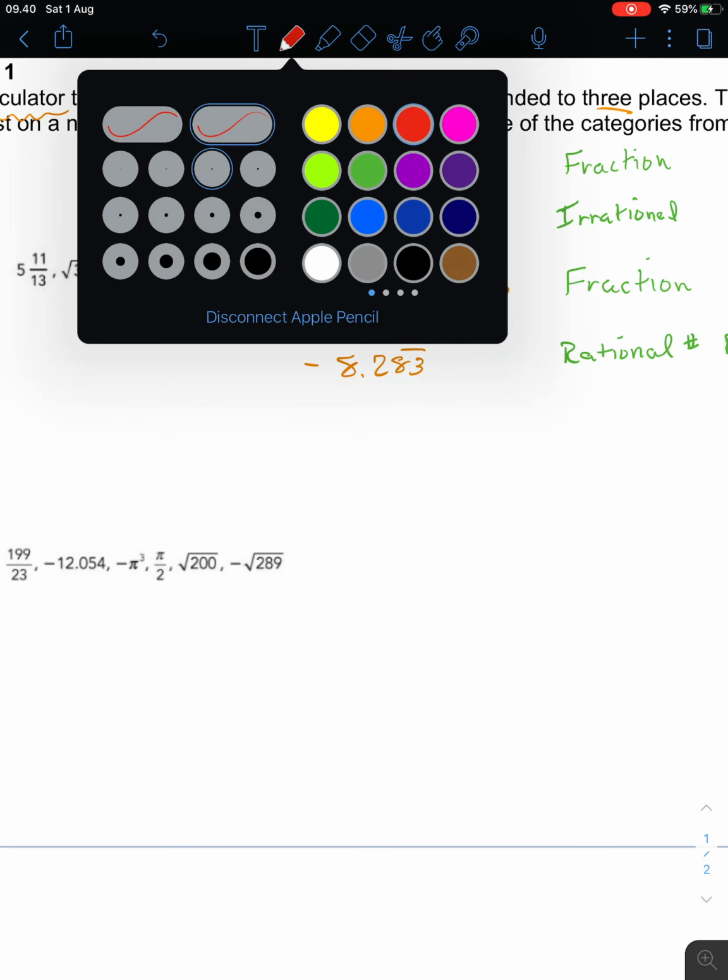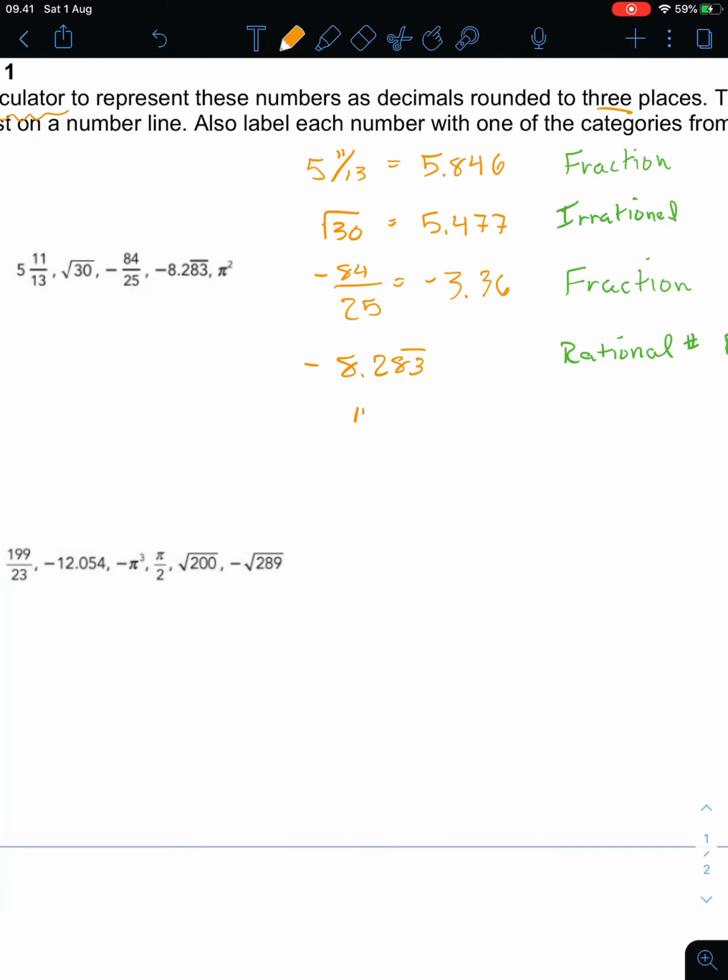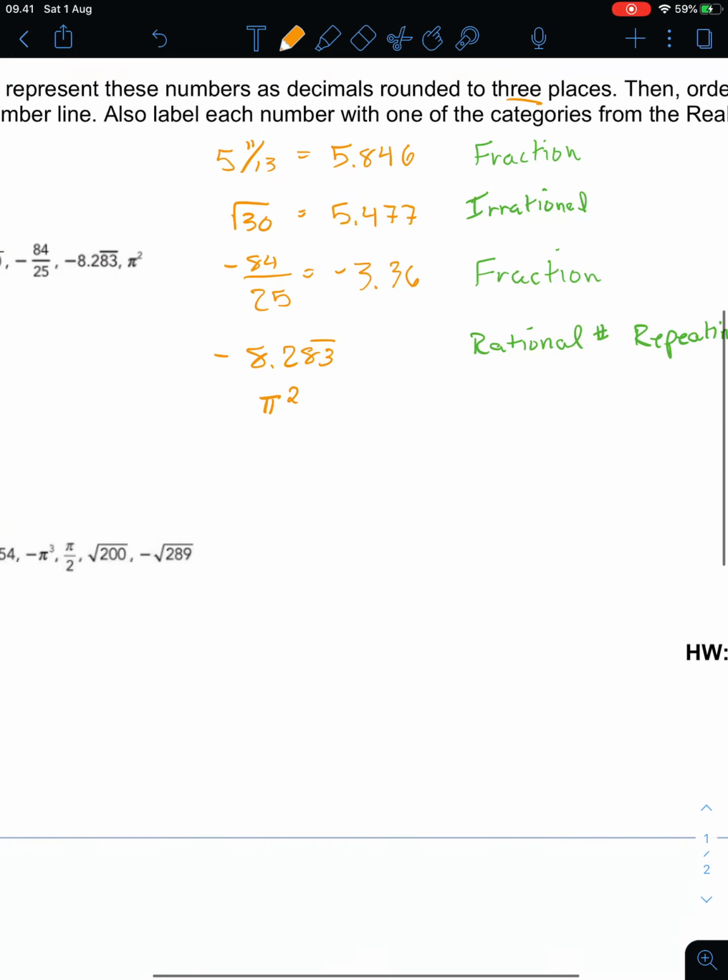Okay, and now the last number we're going to look at is pi squared, the square of pi. And pi is 3.1415926, etc. All right, your calculator should have a pi button on it, but if it doesn't or you can't find it for now, I can probably show you where it is later. But for now, just use 3.14, and then we're going to square it.